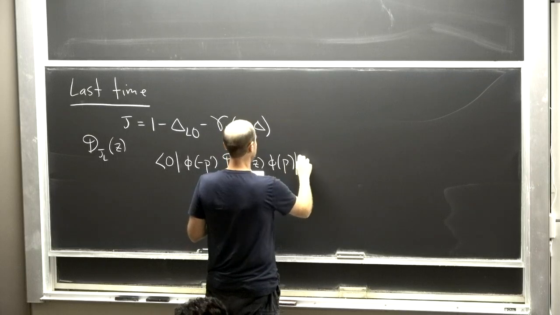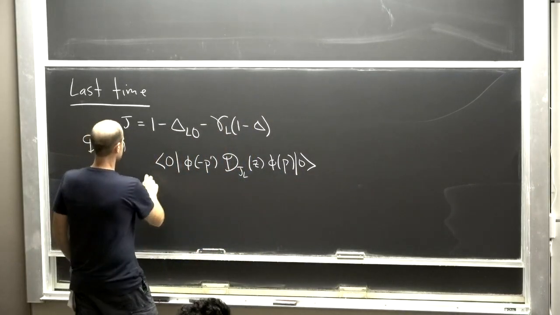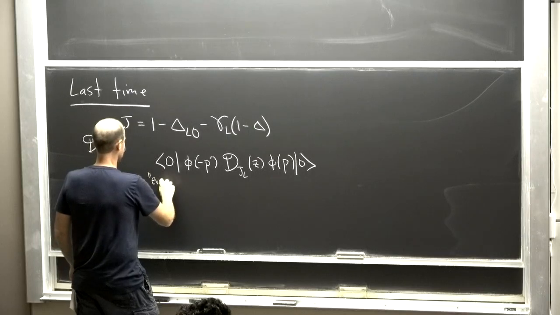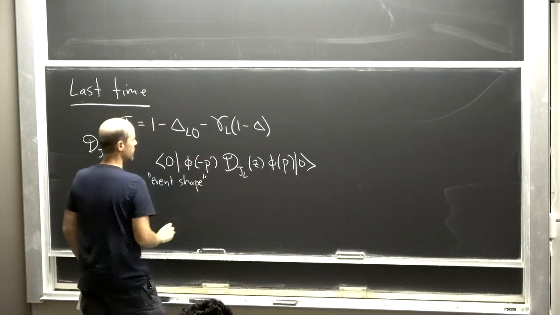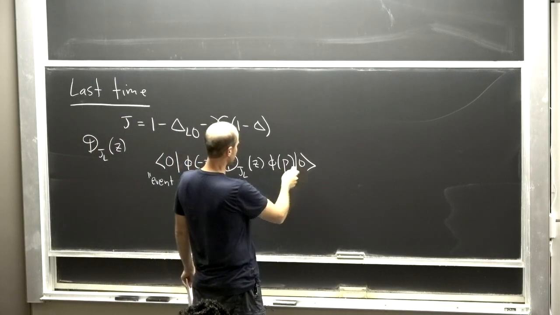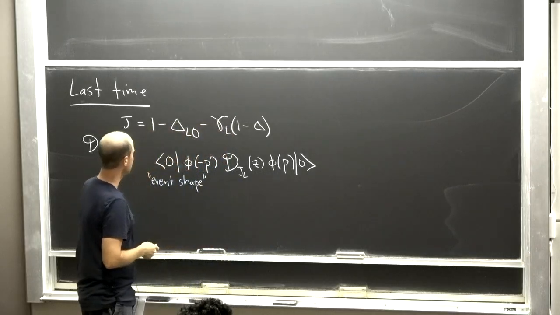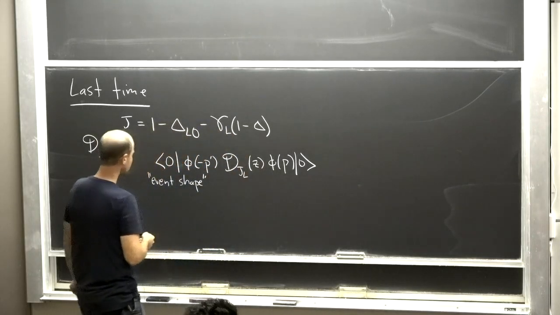So there's going to be a momentum conserving delta function in front of this thing. This kind of matrix element is sometimes called an event shape. The idea is that you have some state, here it's the state created by acting with phi on the vacuum in momentum space, and you're computing the expectation value of the detector in that state.